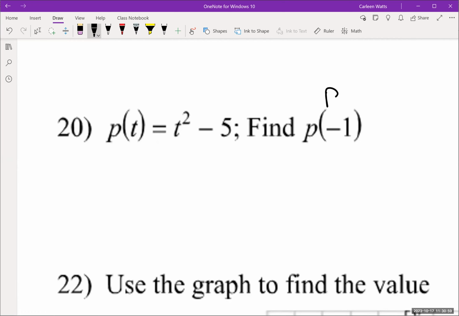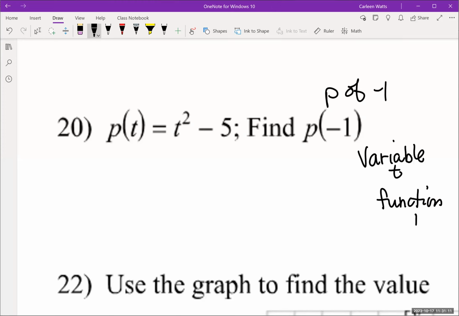Okay, so I want P of -1. What is the variable? T. And what is the function name? P. Again, it's not always P. So instead of y equals, we say P of t equals.